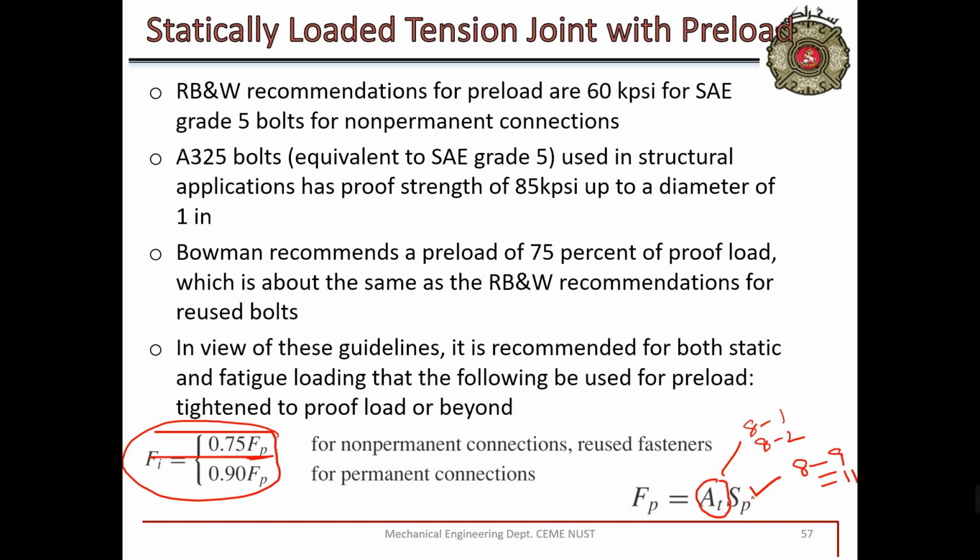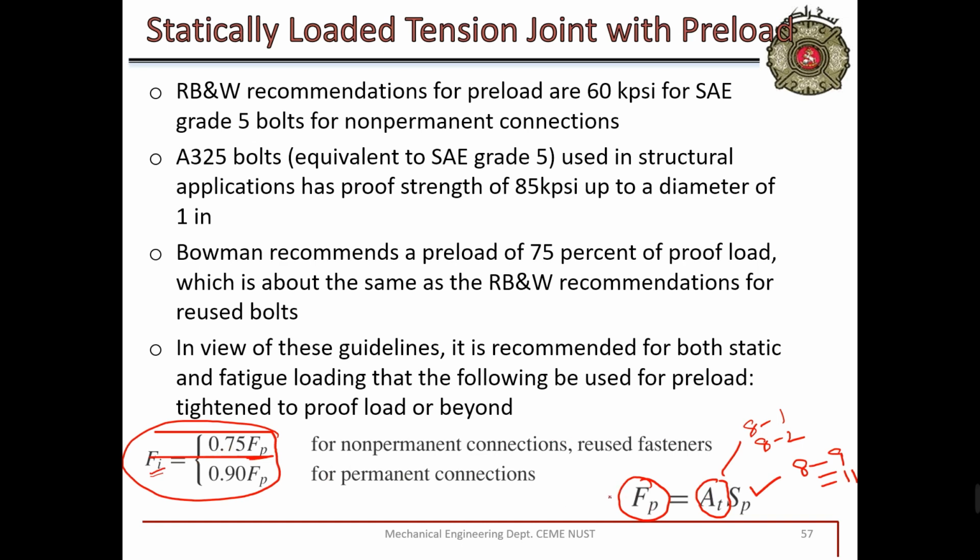From this SP, you can calculate the maximum load that a bolt made of this material and of this diameter area can take. This is the external load that can be applied for a preload.